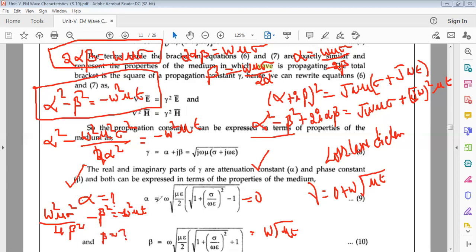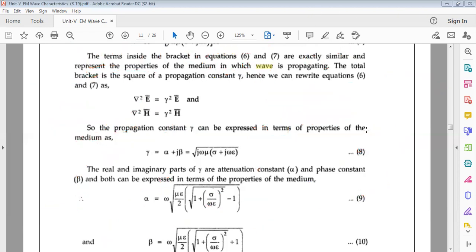Okay, my dear students, like that we got the alpha and the beta functions. Squaring on both sides, compare the imaginary coefficient and the real coefficient, substitute the alpha and beta in alpha square minus beta square, and we get alpha is equal to this equation, beta is equal to this equation. And in this comparison, sigma by omega epsilon less than 1 is a perfect dielectric, greater than 1 is a good conductor or perfect conductor. Got it, my students?